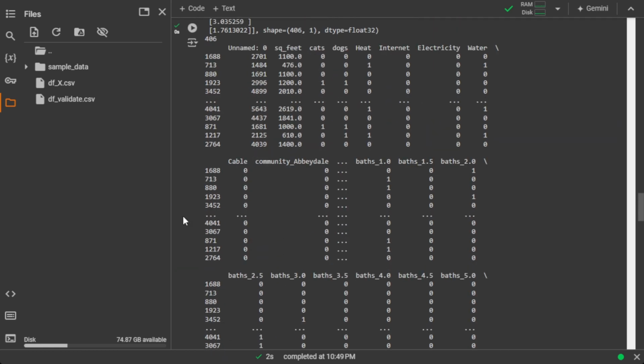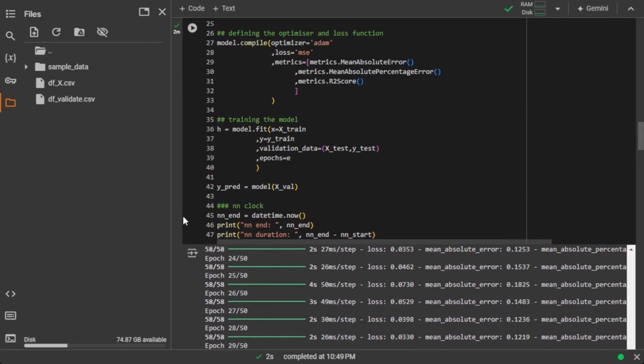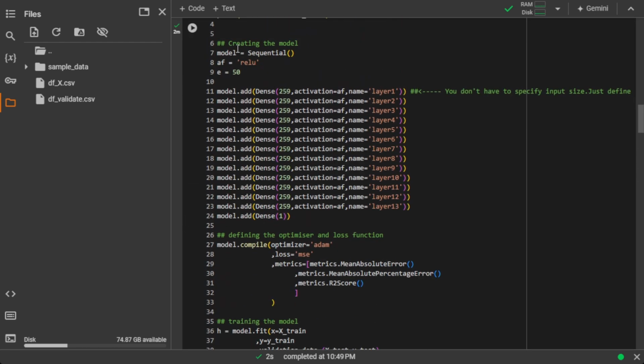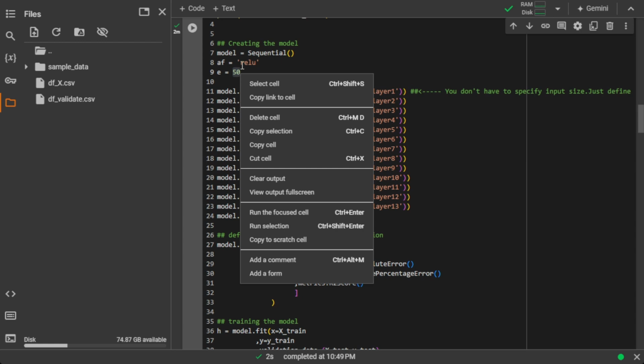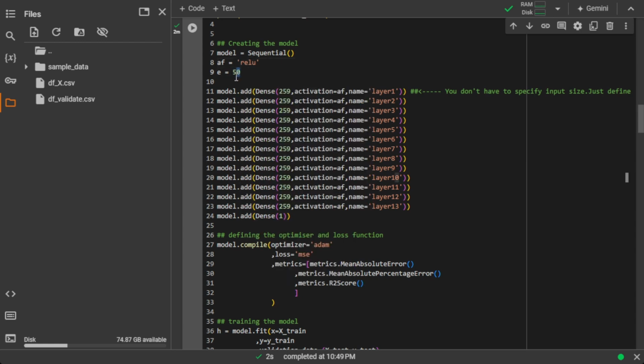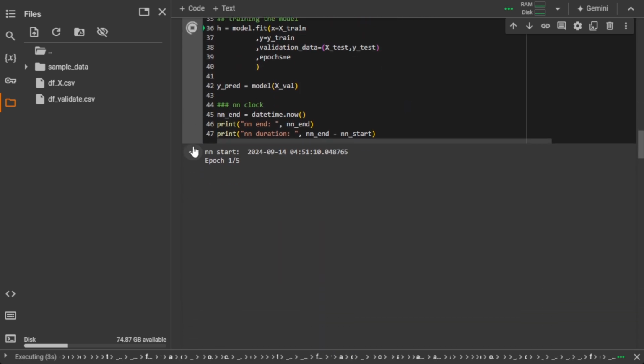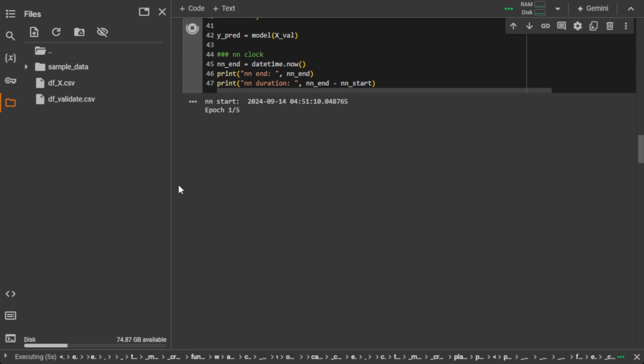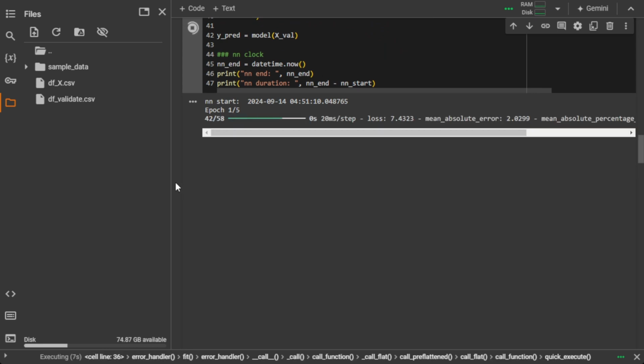Now let's do the opposite. Let's go from 50 down to 5. So you won't have to wait long for this one. But let's see how it performs.